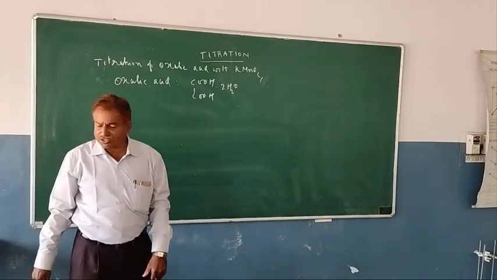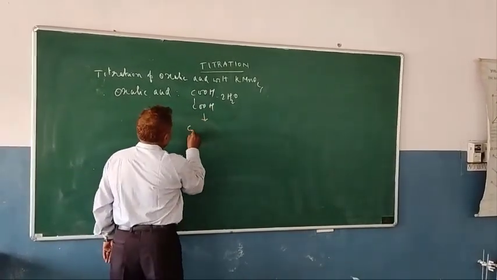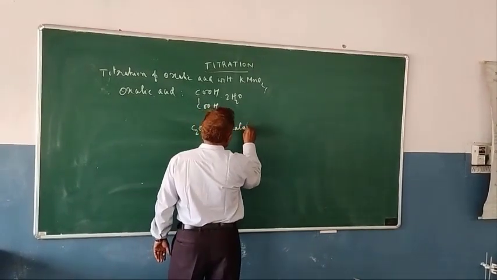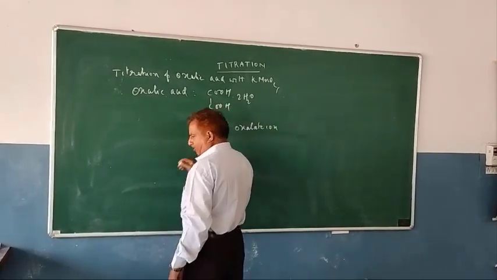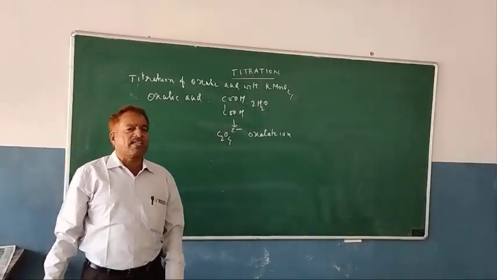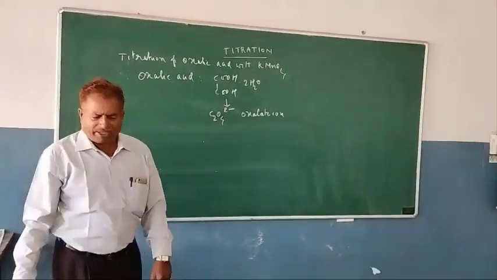Now, this oxalic acid gives C2O4 2-. This is the oxalate ion. So when oxalic acid is dissolved in water, the oxalate ion is given.